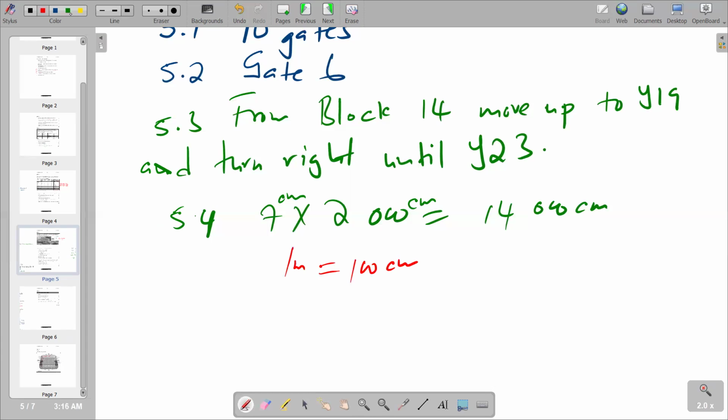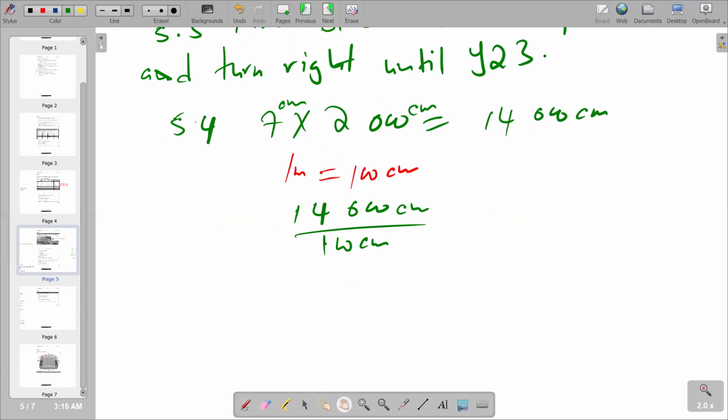So in that sense, we are going to say 14,000 centimeters, we divide by 100 centimeters, and then what do we get from that? Your answer is 140 meters.